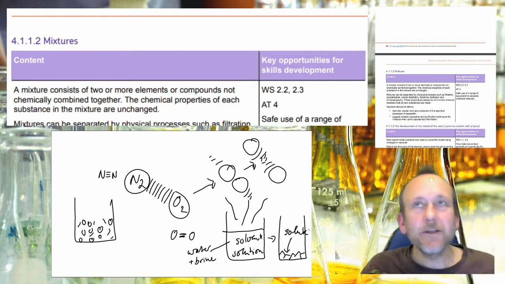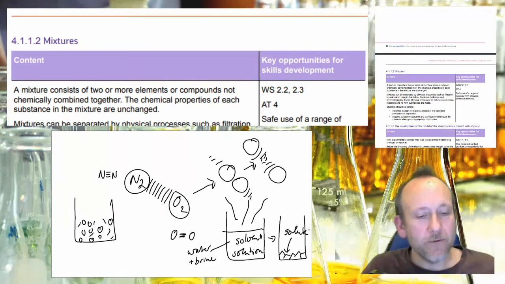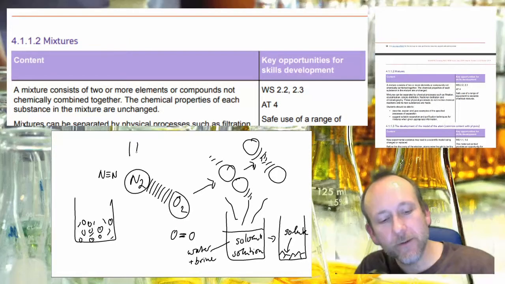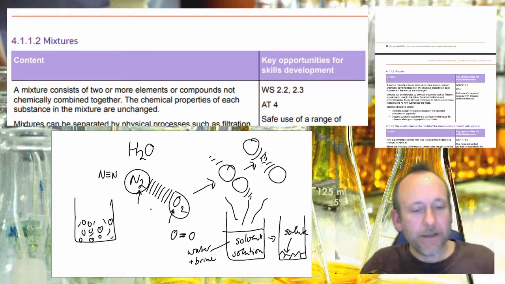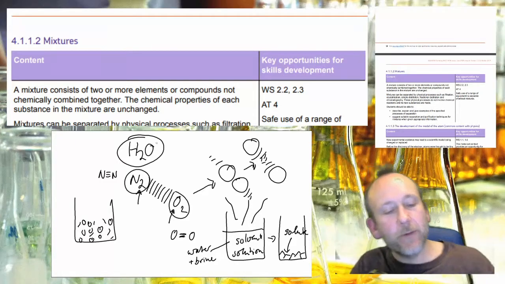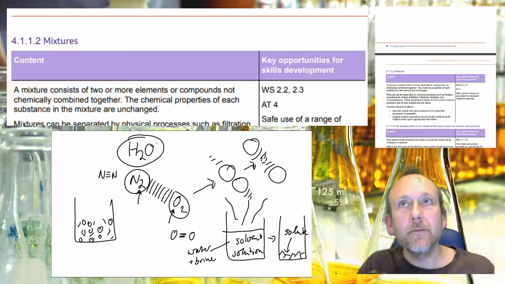Mixtures can be separated by simply physical processes. What we've learned in the previous video is that if you've got a compound like H2O, with little numbers, and you always see the little numbers unless it's a 1, then you cannot break this up by purely physical processes.